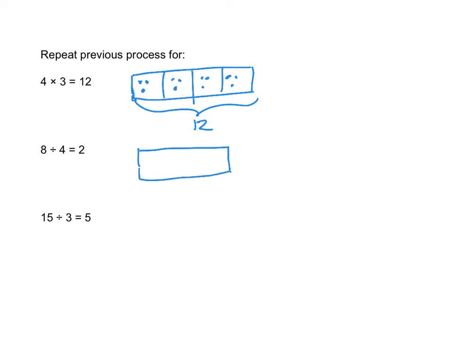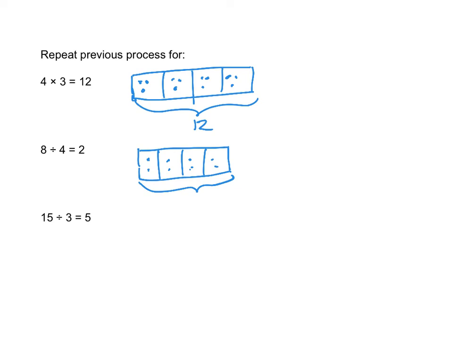And if we divide that into 4 parts, then each of those parts, if we take that total of 8 and divide it into 4, there's our 8. And when we divvy out our 8, we find that we have 2 in each part.